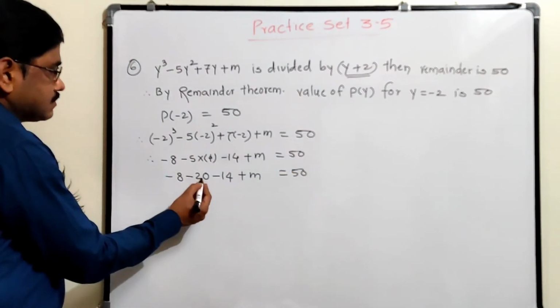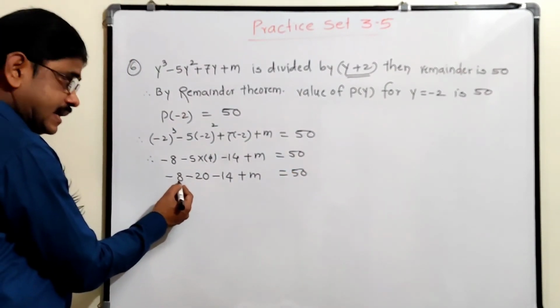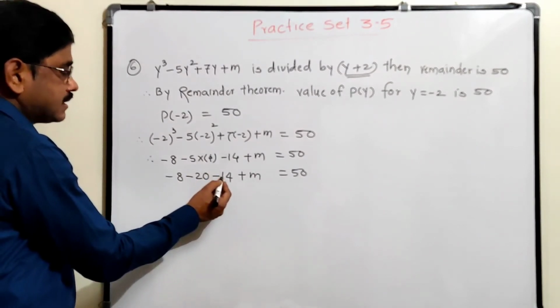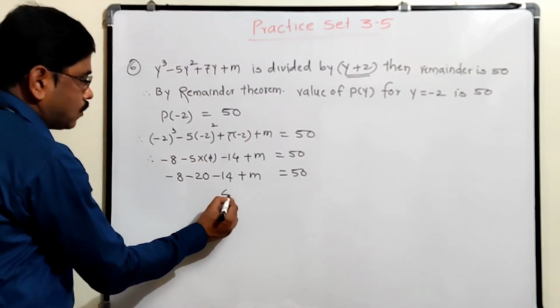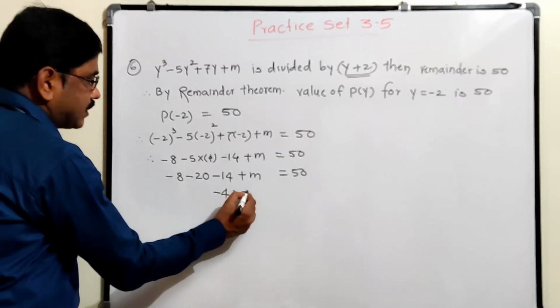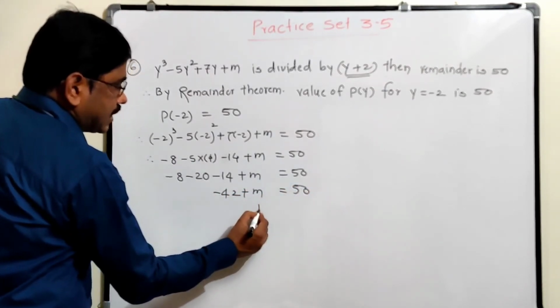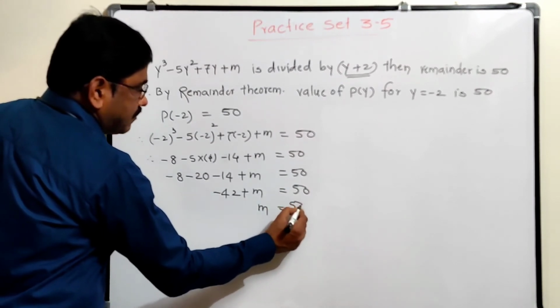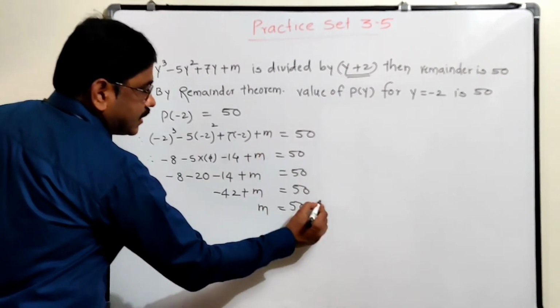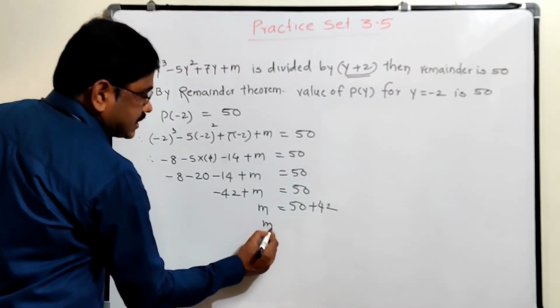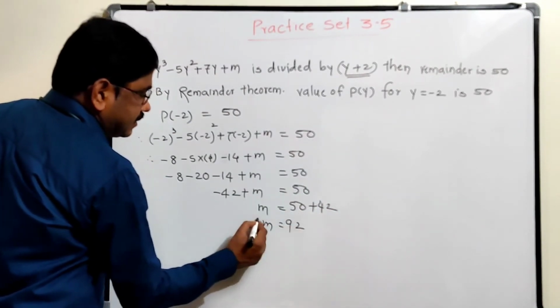So this becomes 20 plus 8, 28, 28 plus 14, 42. All of this is negative. Minus 42 plus m is equal to 50. Therefore m is equal to 50 plus 42. So m is equal to 92.